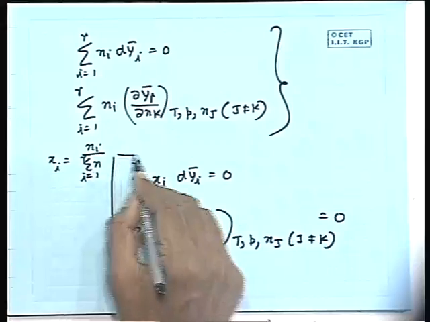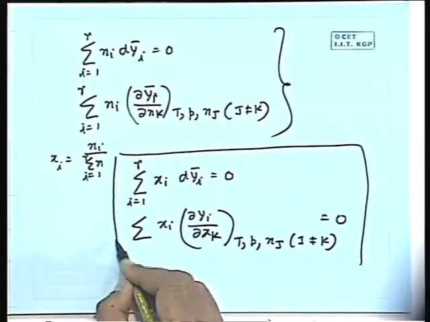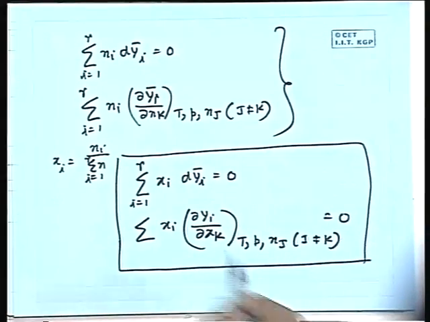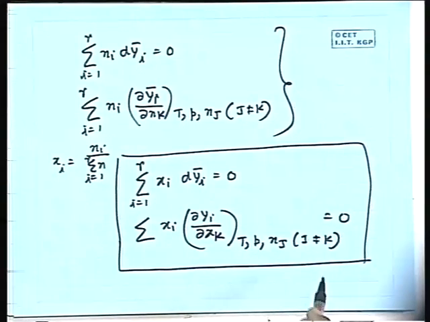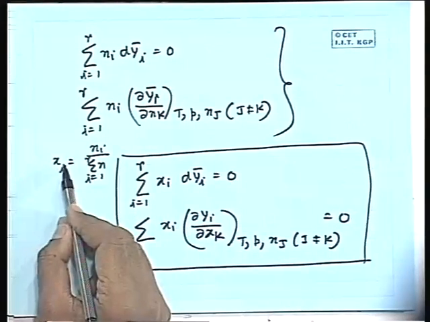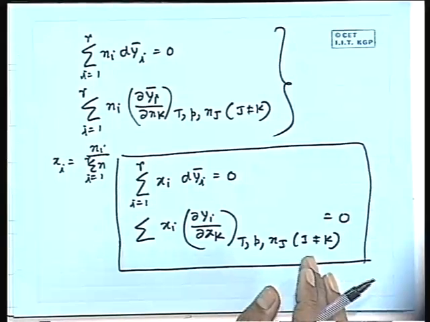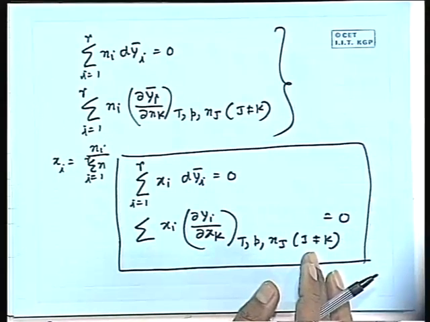These two are sometimes very much used in multi-component systems, where x_i is the mole fraction of the ith component.